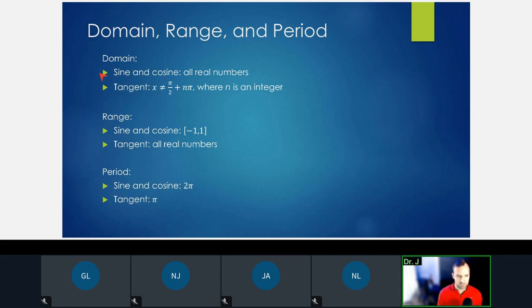Can someone tell me in your own words what domain is? Yeah, it's the x values or your input. And then what is range? Yeah, it's your output, your y values.